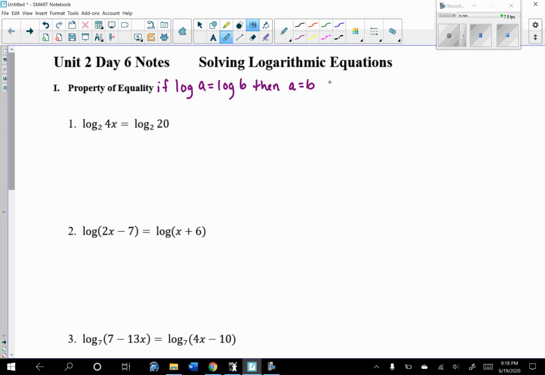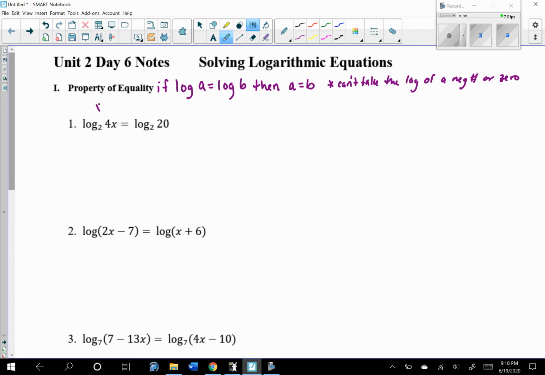And remember that we can't take the log of a negative number or 0.